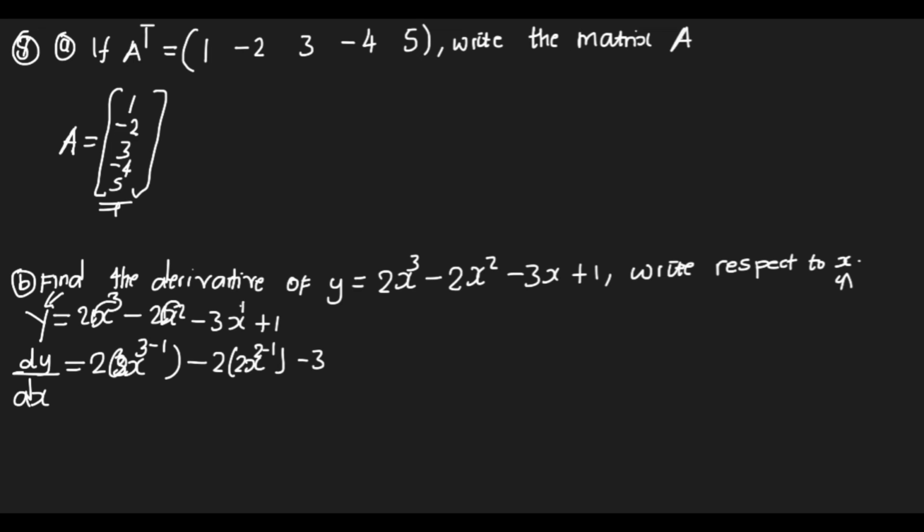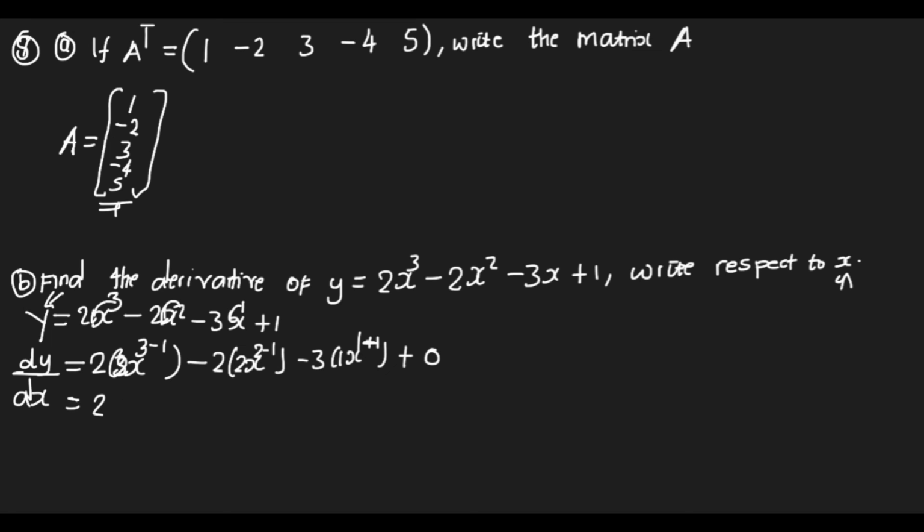Here we have the power of 1, so this will be 1x raised to the power 1 minus 1, plus the derivative of a constant, which is 1, is just 0. So the power rule is, immediately after bringing the power in front of x, you subtract 1.